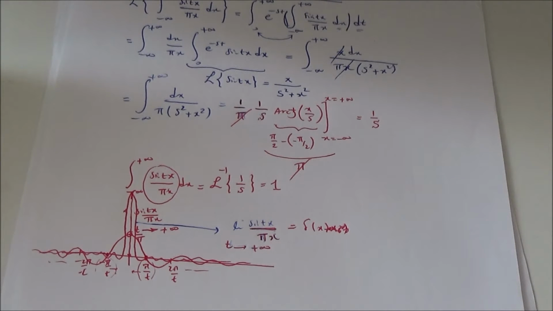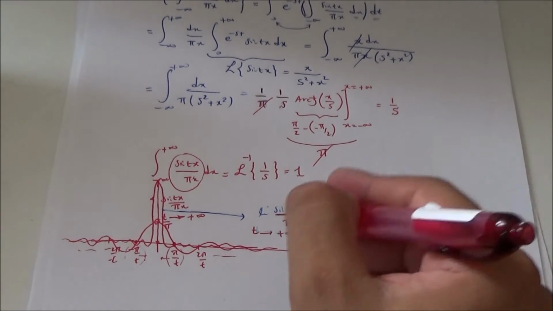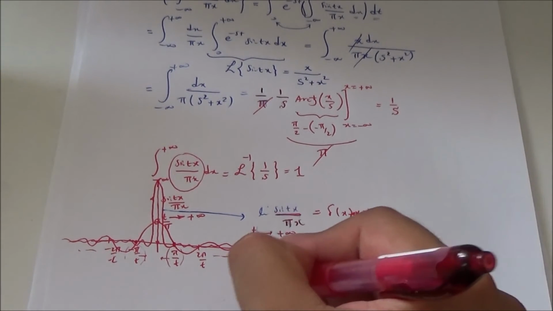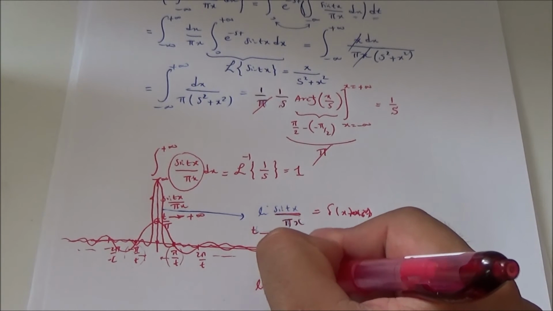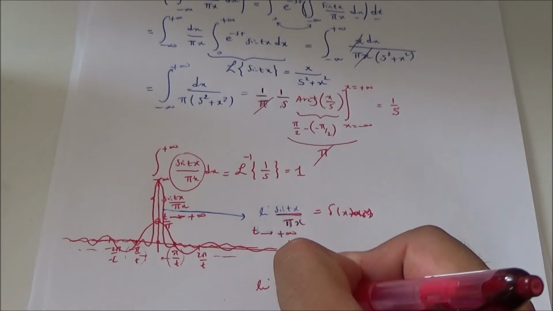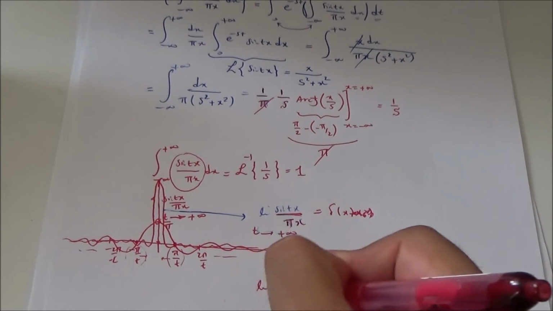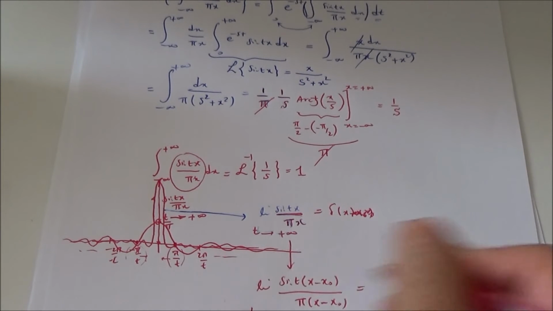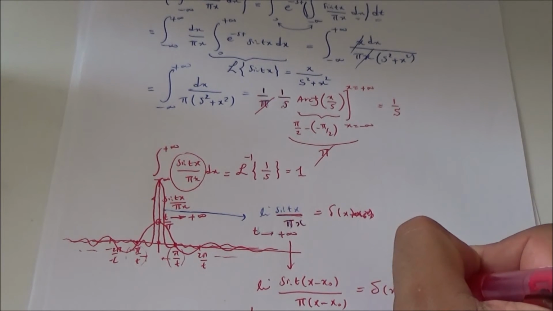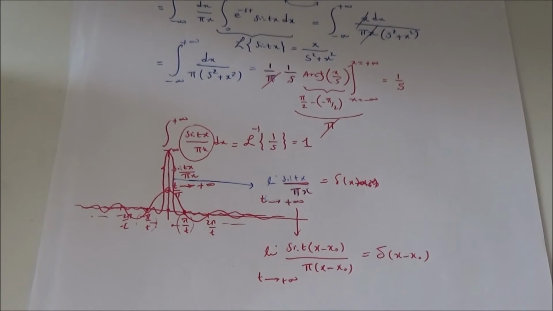So how can I extend this function to the case of delta of x minus x0? You can show yourself that the limit of sine of t times x minus x0 divided by pi times x minus x0, when t goes to plus infinity, is exactly the Dirac delta function around the point x0.